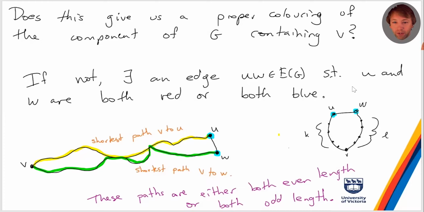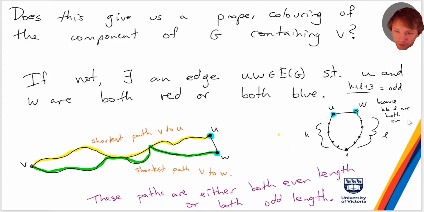So the number of vertices in this cycle in total is k plus L plus 3, which if k and L are both odd, then this is odd. If k and L are both even, it's also odd, because an odd plus an odd is an even, plus an even is an even, plus an odd is an odd. So because k and L are both even or odd.